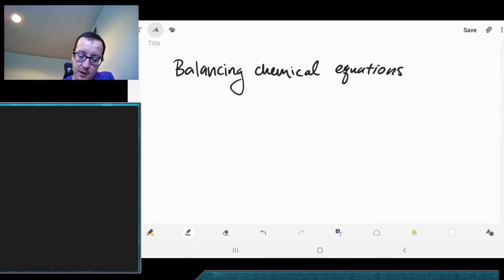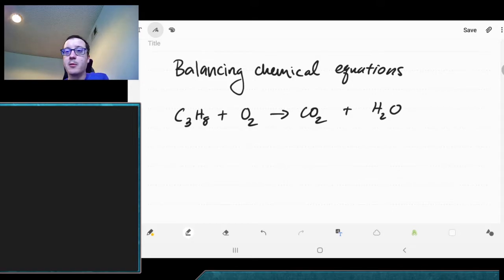Last time we talked about how to balance chemical equations. We did a couple of examples. What we haven't looked at though is balancing combustion reactions, and those are a little bit more difficult, I'll say, because if we just go ahead and look at it, of course the products for this would be CO2 and water, right?